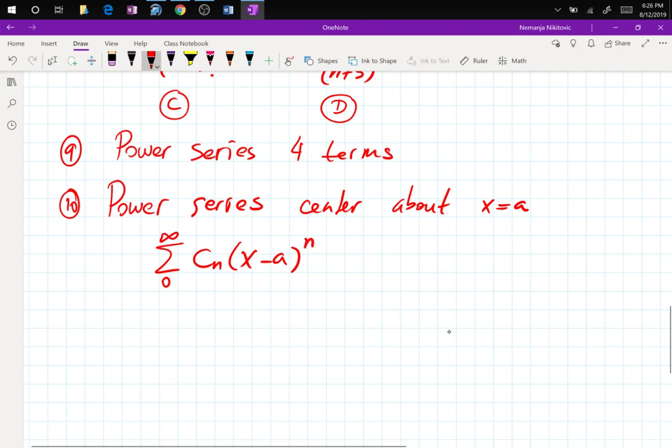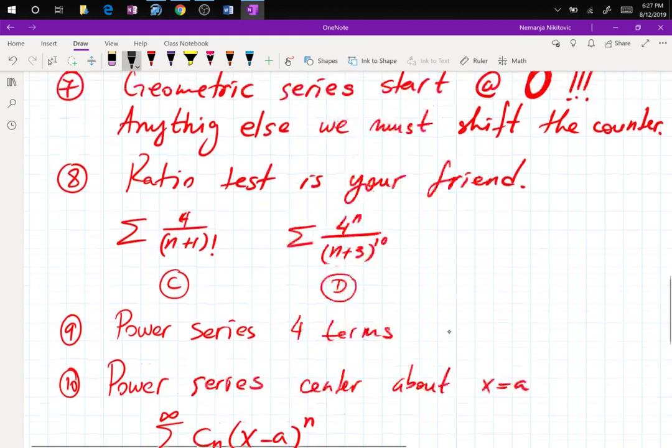And obviously a is in each one of the derivatives you took. So that's the list.